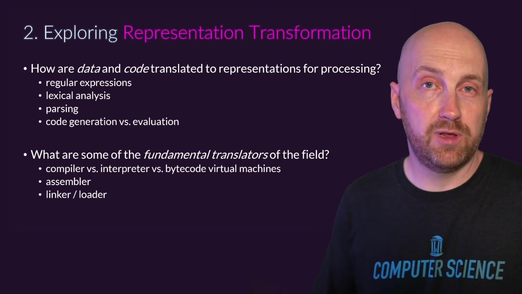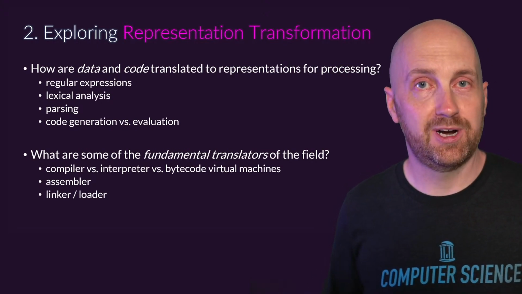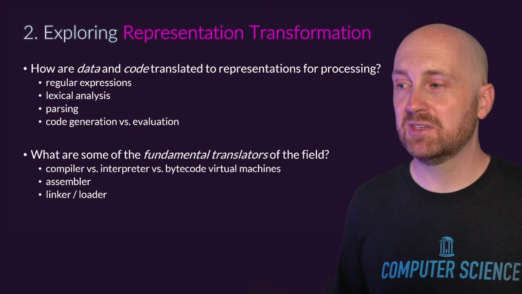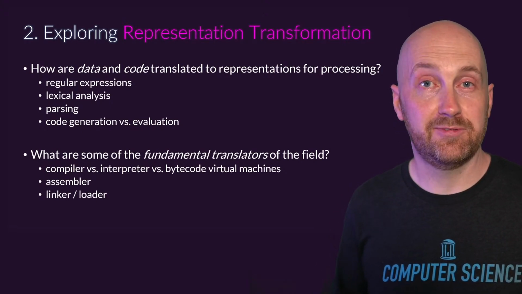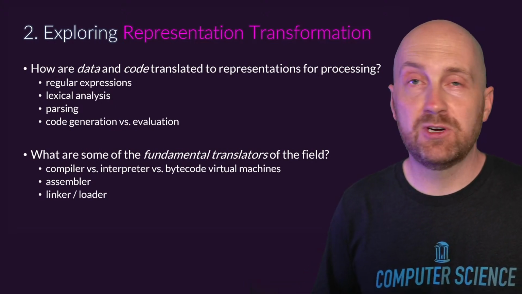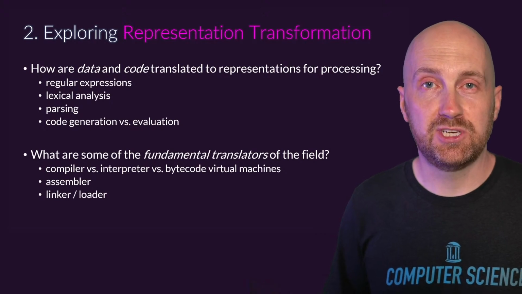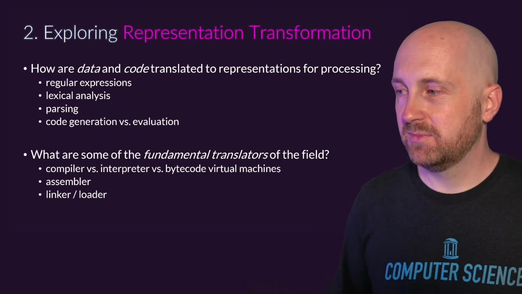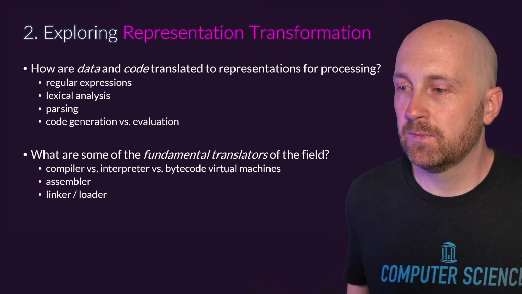Versus an interpreter, and you've actually worked with interpreters before, where in TypeScript or JavaScript or Python, these are interpreted languages. We'll look at the differences between those things and some of the fundamental trade-offs. And in the last one here, bytecode virtual machine, this is actually what you've been using when you've been using Java, it's based on a bytecode virtual machine, and that's all some fancy terminology we'll come back to.